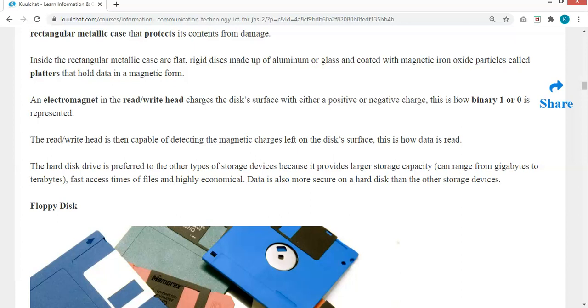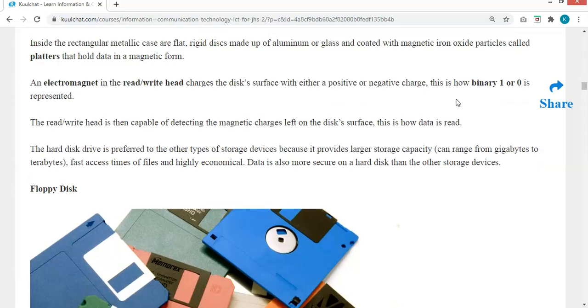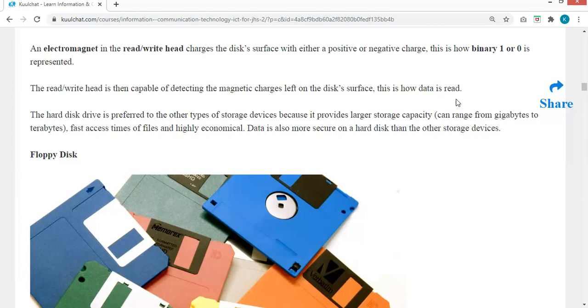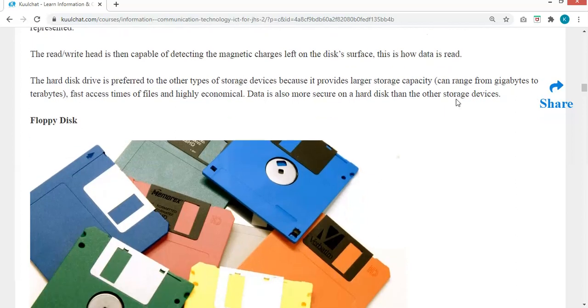Then the read or write head is capable of detecting the magnetic charges on the disk surface, and this is how data is read. So it detects if it's negative or positive, then it reads the binary figure there, which we can convert and know what information is on the disk.